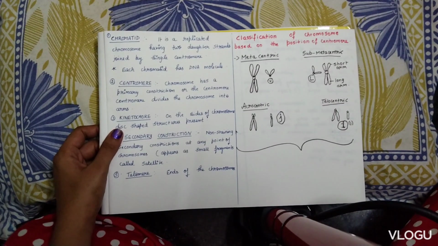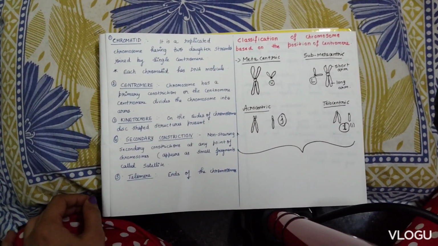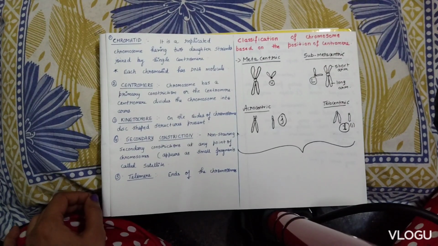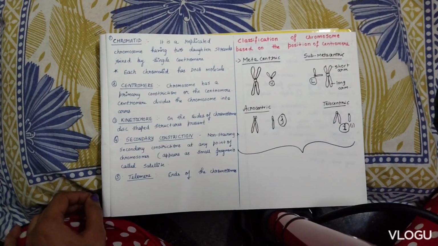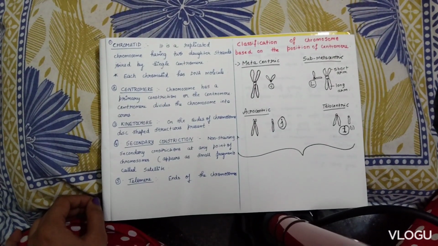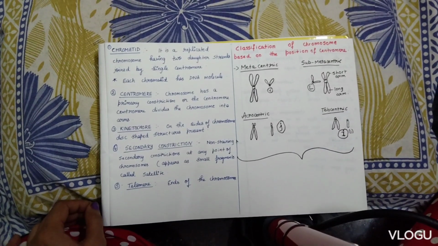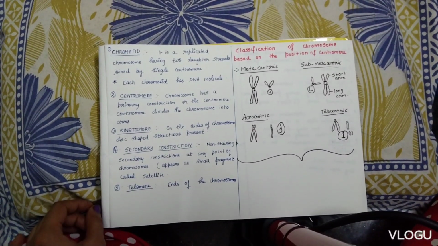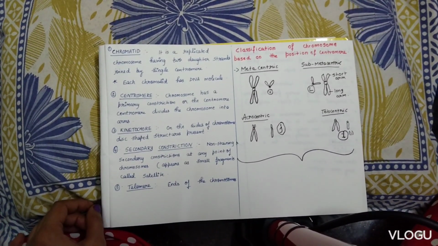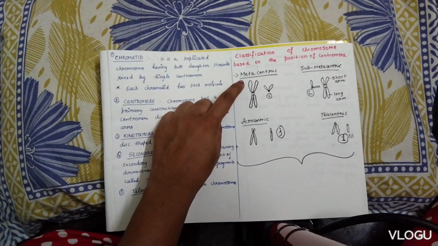You can see chromosomes are classified according to the centromere, the middle point which divides the chromosome into different chromatids. According to the position of the centromere, where it is placed, chromosomes are divided into different types. First one is metacentric.